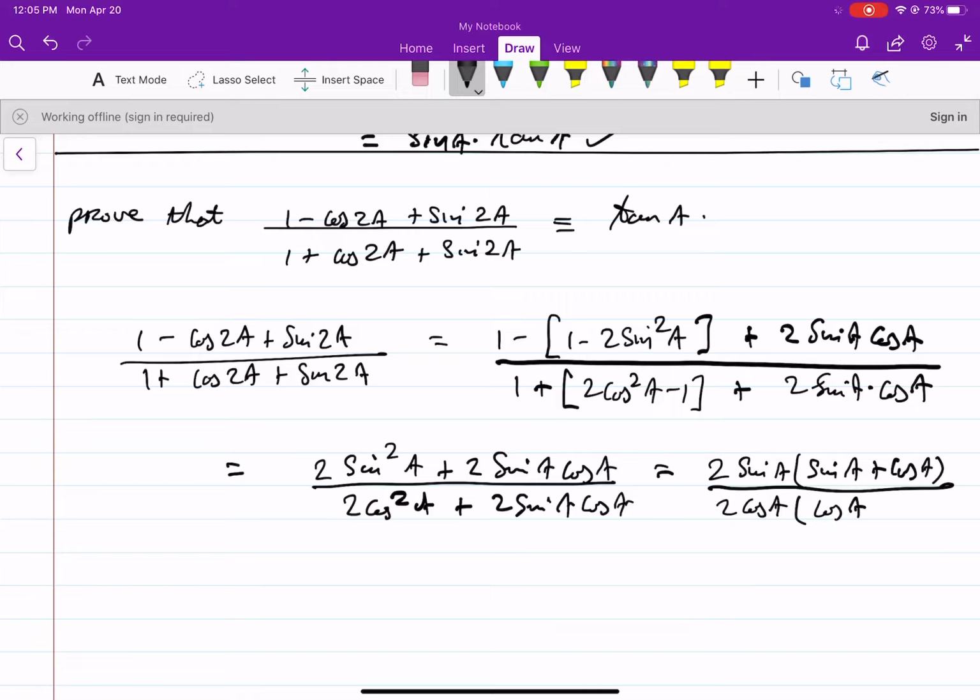Cos A plus sine A. These two are the same, so they cancel out. The 2's will also cancel out. What's left over? Sine A over cos A, which is tan A, and it's proven. That's not too bad either.